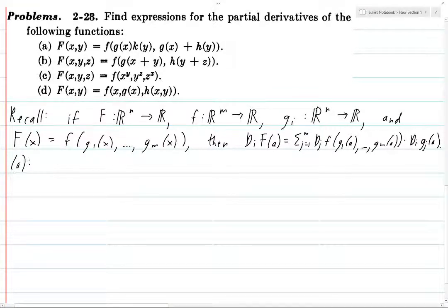Alright, so let's apply this. Basically, once you get a feel for how this works, it's not too difficult. So here we have F(x, y) equals this whole thing. There was an example problem earlier on in the section that shows us how to do it. So let a be the point (g(x)k(y), g(x) plus h(y)).